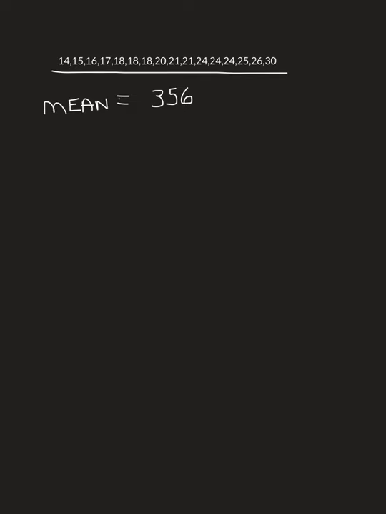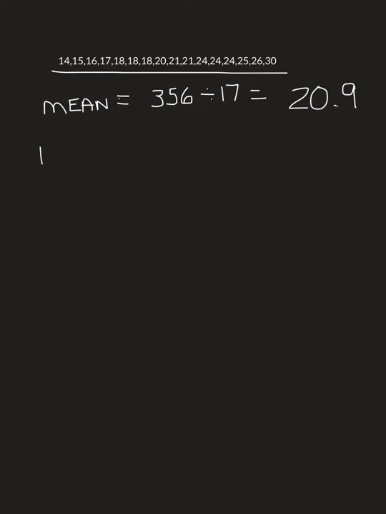If you count how many numbers there are, you'll realize there are 17 numbers in our list. So we're going to divide that number by 17. It is going to give us a decimal, so just round that decimal to 1 decimal place. In this case, my mean is 20.9.